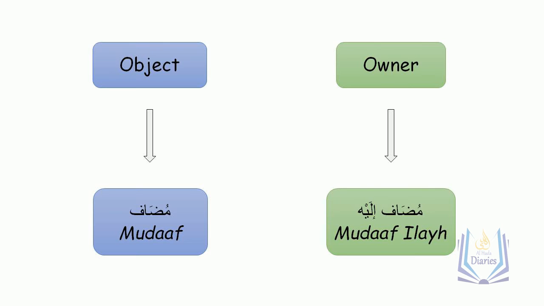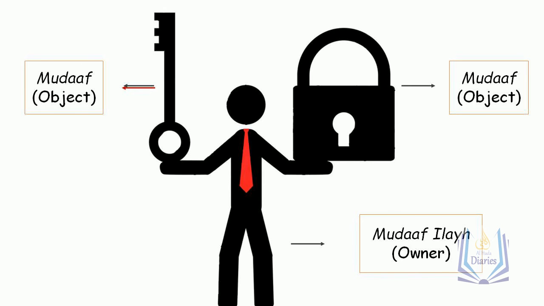Now again, another side point, another tip I would like to give. For an example, let's say a person owns a lock and a key. So the lock is an object by itself and the key is an object by itself. It's a single object. Likewise, we see mudaf, that is the object, is a single word. But when it comes to mudaf ilay, it is two words.